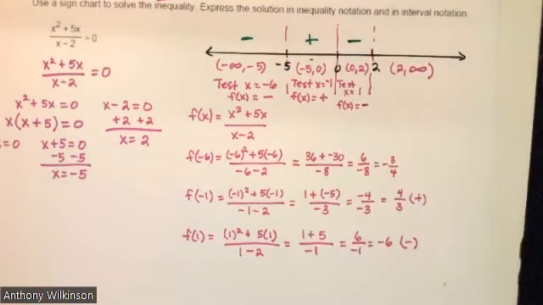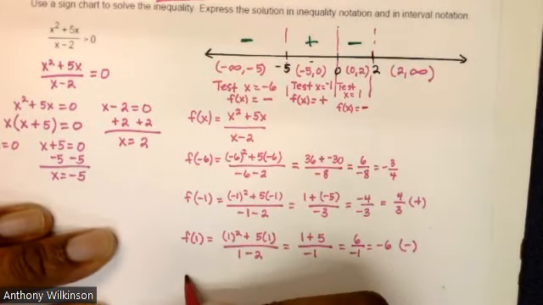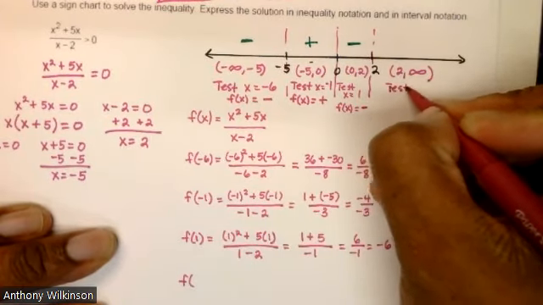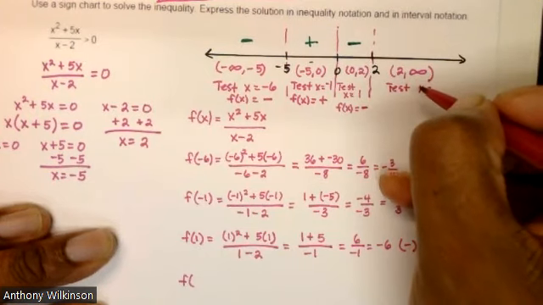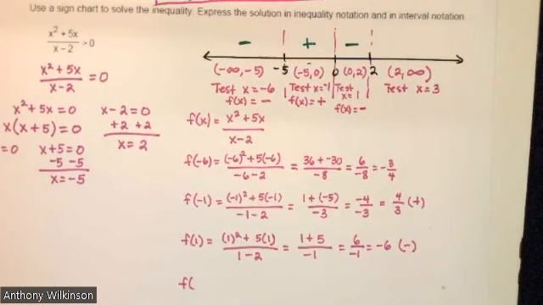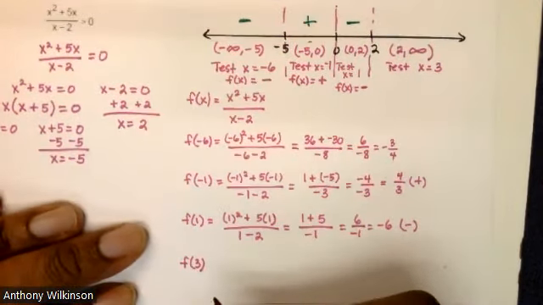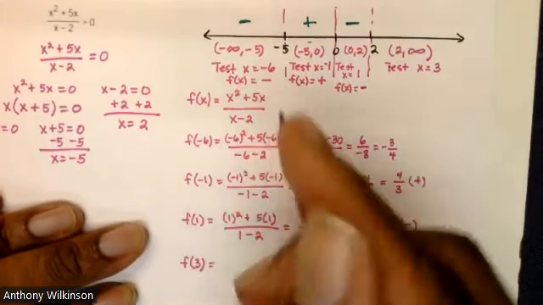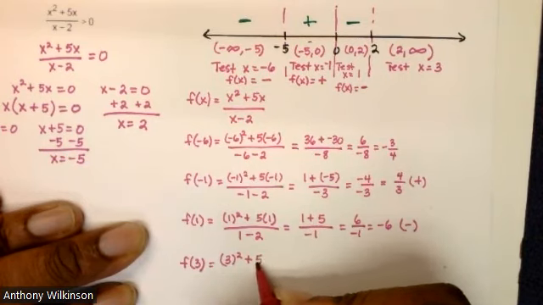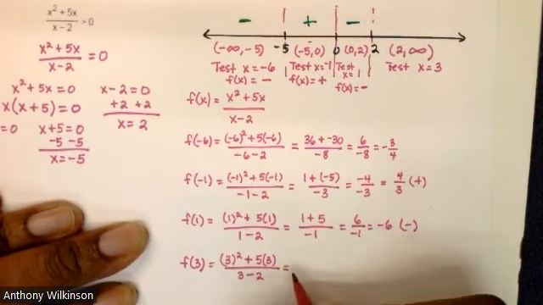And then for 2 to infinity, let's try a test value like x is equal to, I chose 3. All right, in this case here, that would mean f of 3, when I substitute each x with 3 in f of x, I'm going to have 3 squared plus 5 times x, which is 3, divided by 3 minus 2.